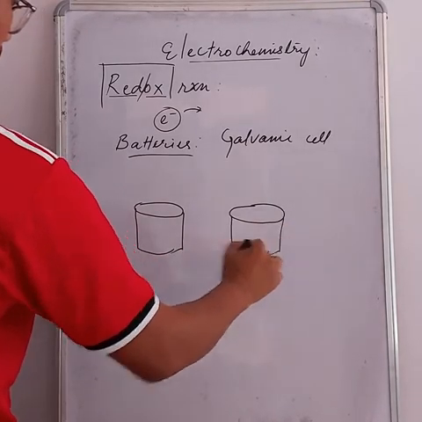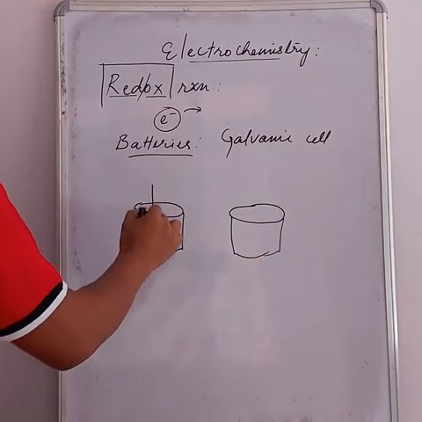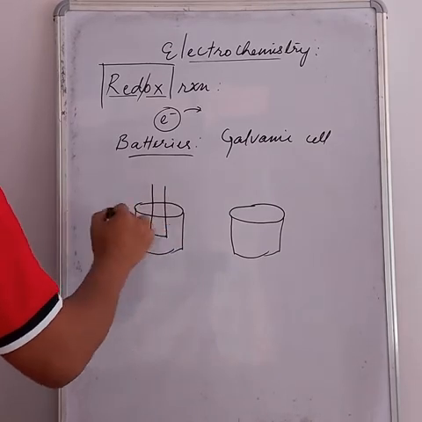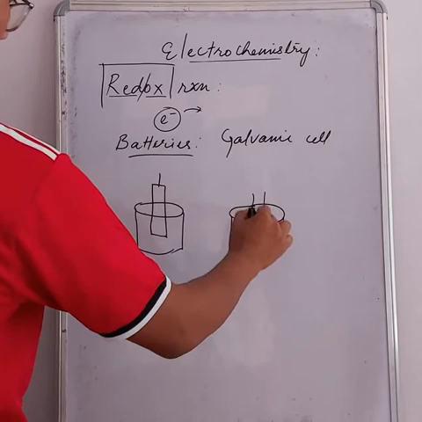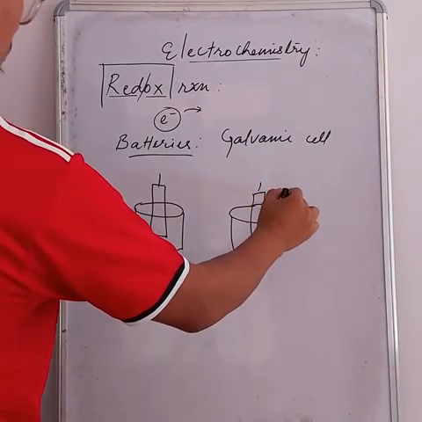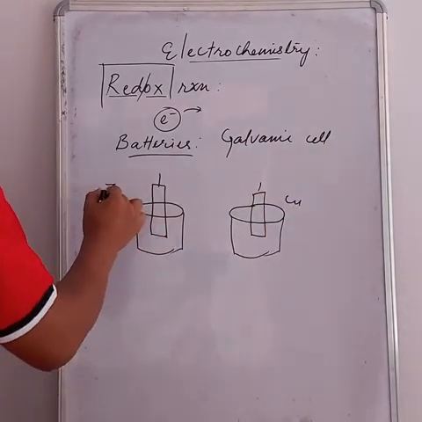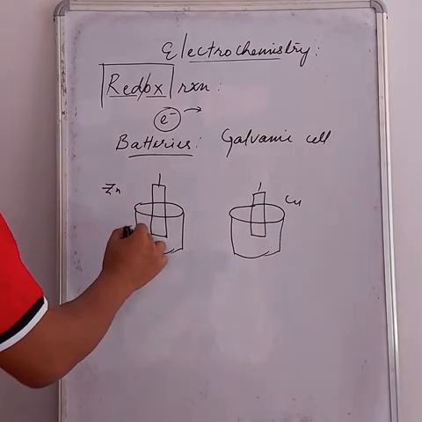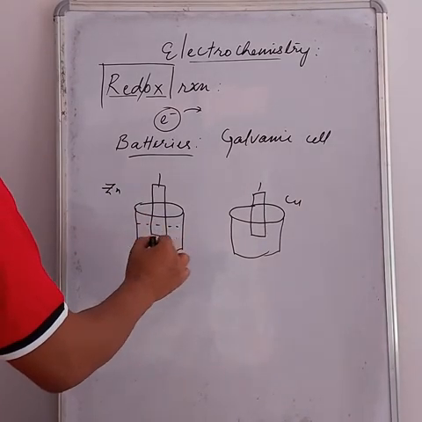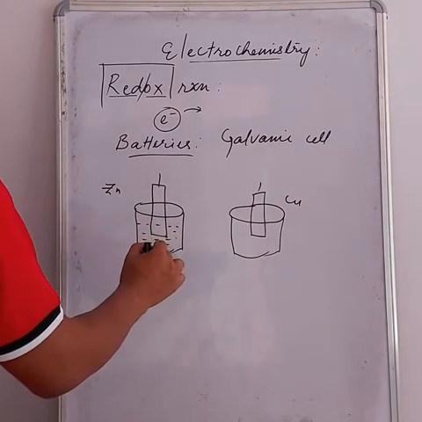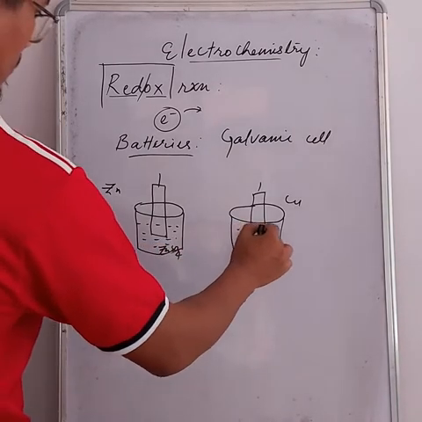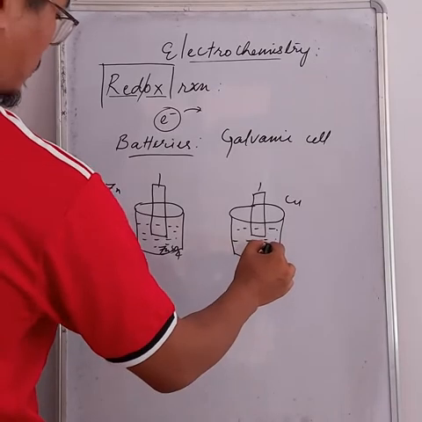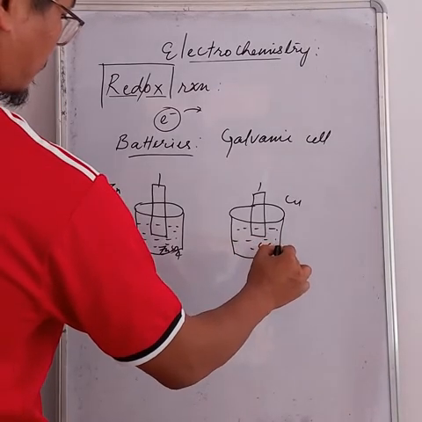One is fitted with a zinc rod, the other is tipped with a copper rod. The zinc rod is immersed inside a solution of zinc sulfate, and the other is immersed in a solution of copper sulfate.